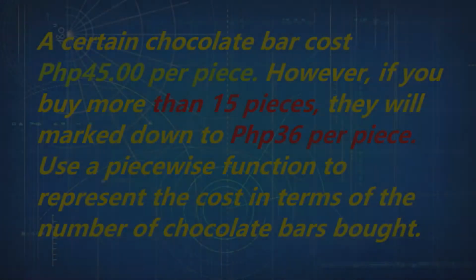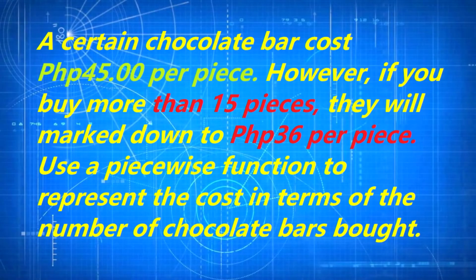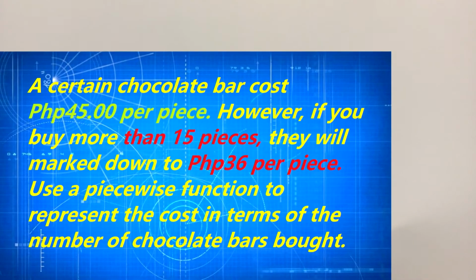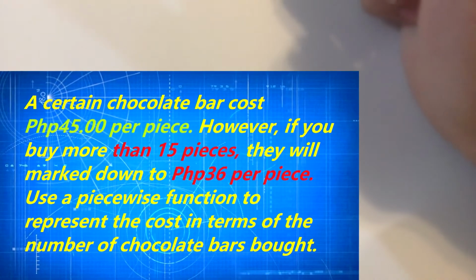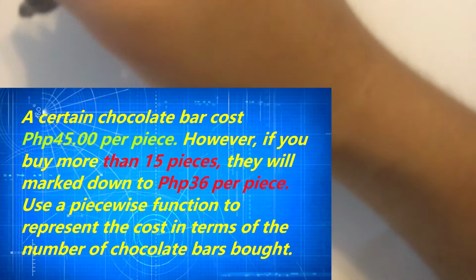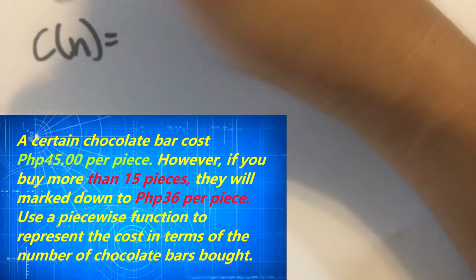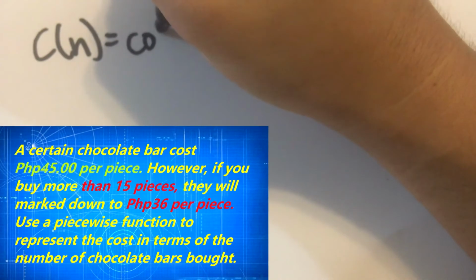Last problem for piecewise function model. A certain chocolate bar costs 45 pesos per piece. However, if you buy more than 15 pieces, they will be marked down to a price of 36 pesos per piece. So still, we need to analyze the problem. To write a piecewise function model, let C of n be the cost of the chocolates.